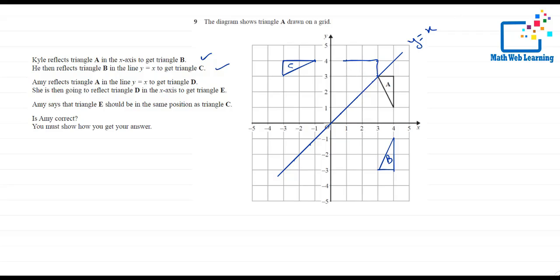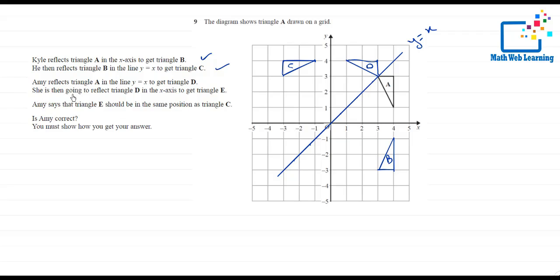Let me just correct it. And then that would reflect here, and the hypotenuse will reflect here. Okay, so that is D, right?